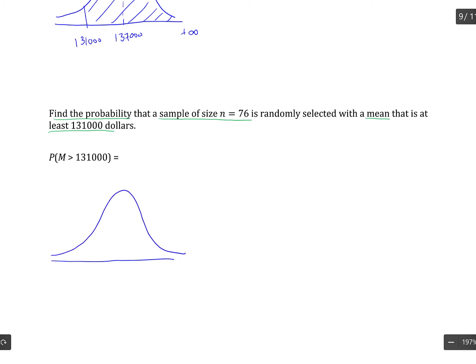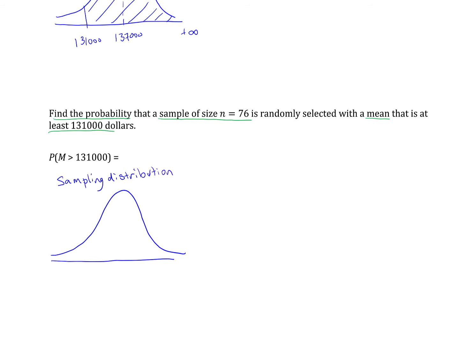When we have a sample of items and we're trying to find the probabilities there, the central limit theorem guarantees that the sampling distribution is normal.